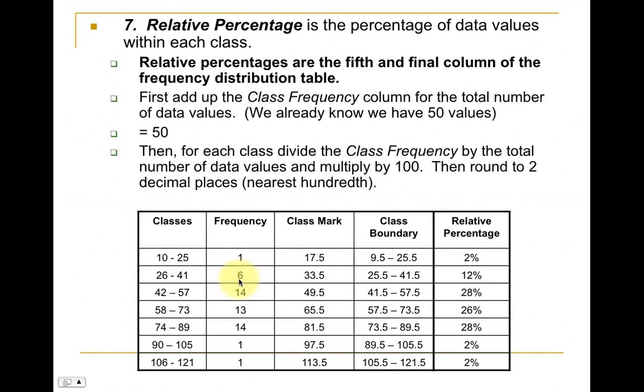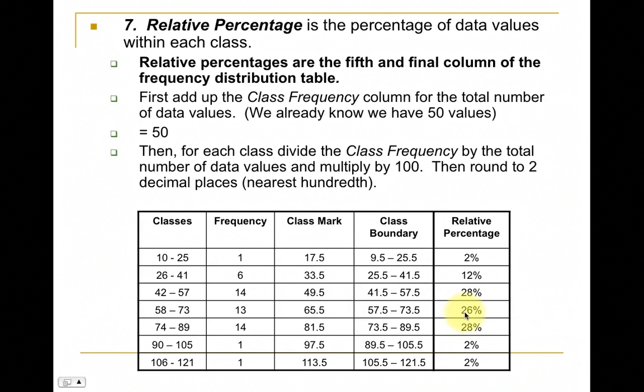6 divided by 50 times 100 is 12%. 14 divided by 50 multiplied by 100 is 28%. 13 divided by 50 multiplied by 100 is 26%.